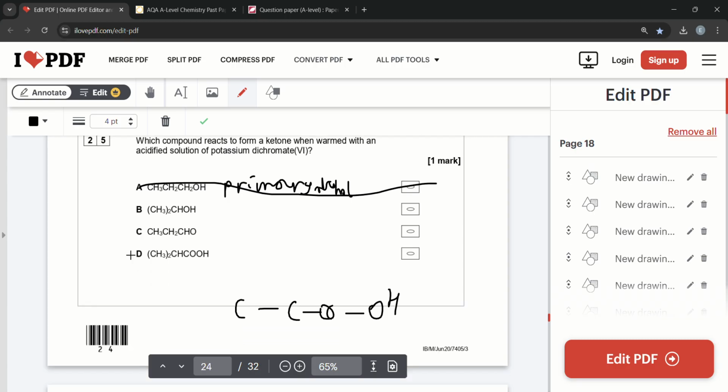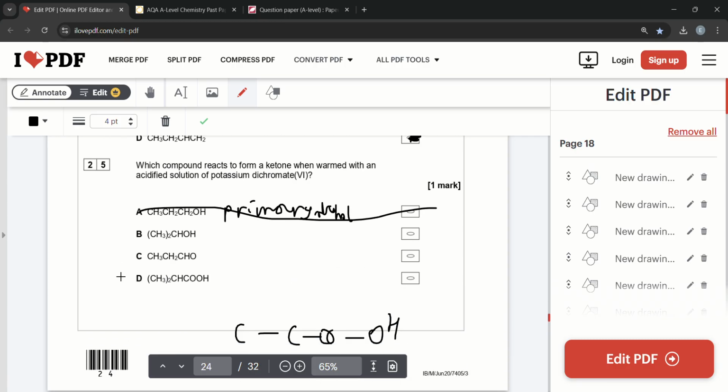B, well, let's look at B. So we're looking for a secondary alcohol. We've got CH3, CH3, obviously a hydrogen here, and we've got C, CH3, CH3, CH. No, I've done this wrong, haven't I?